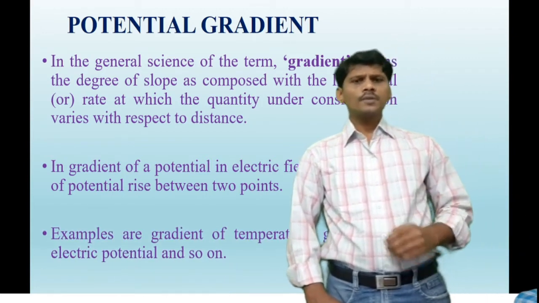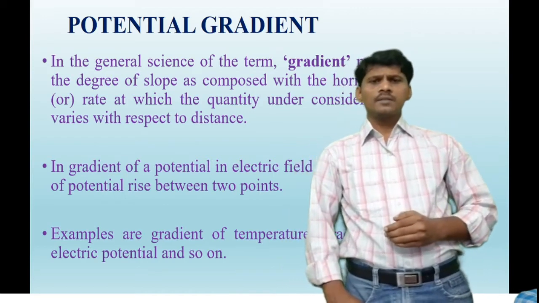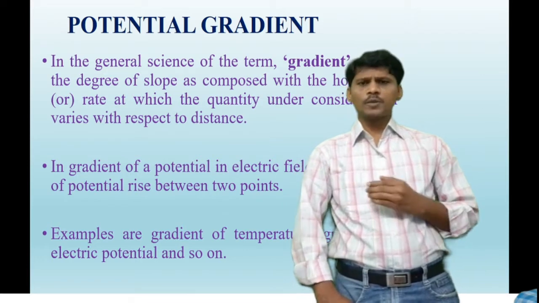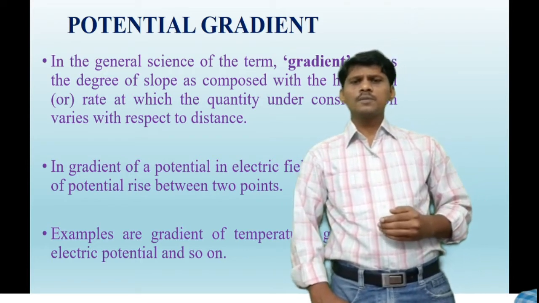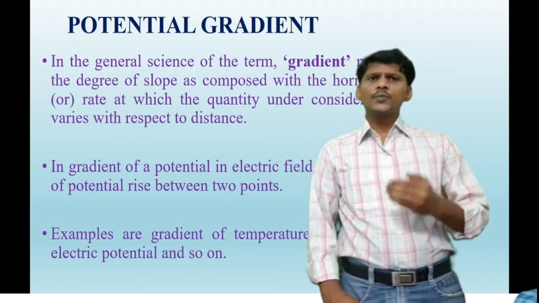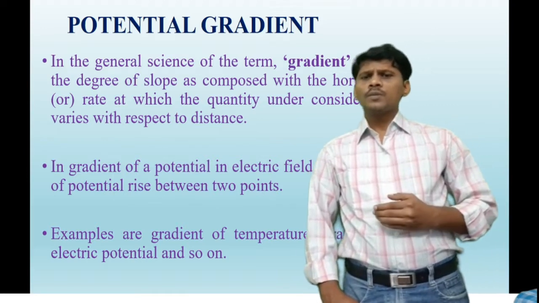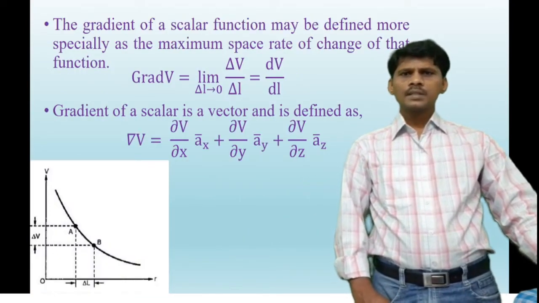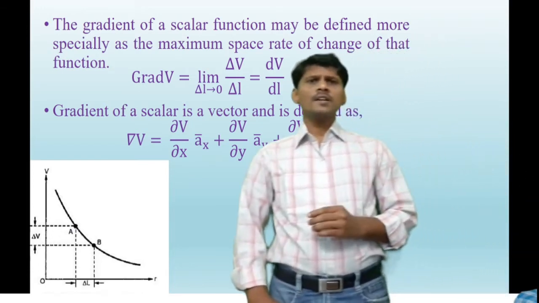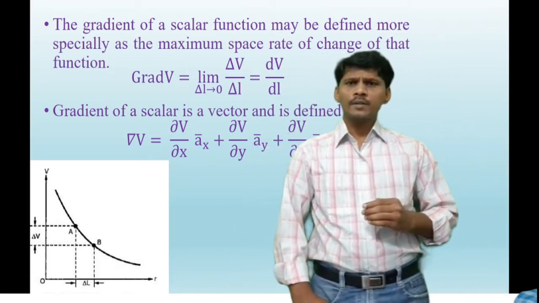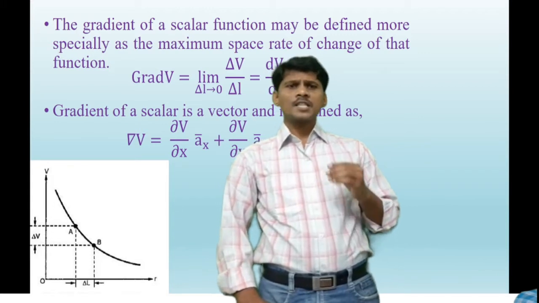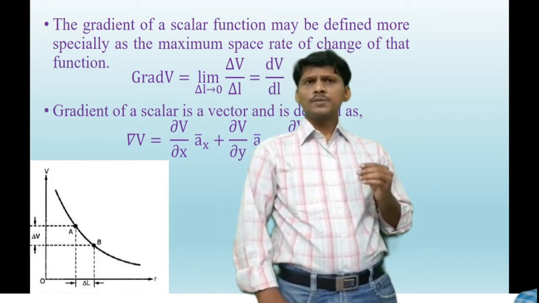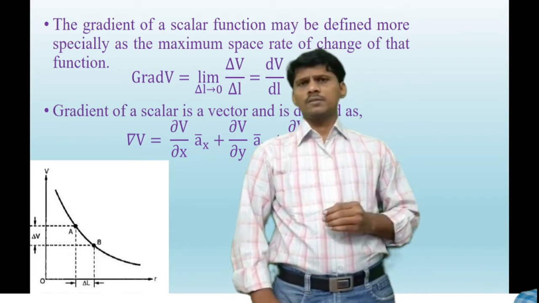Examples are gradient of temperature, gradient of electric potential. The gradient of a scalar function may be defined more specifically as the maximum space rate of change of that function.